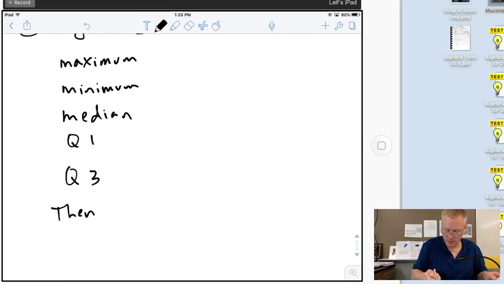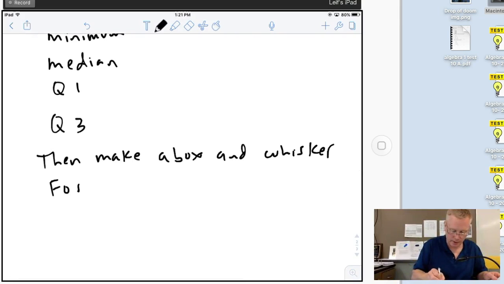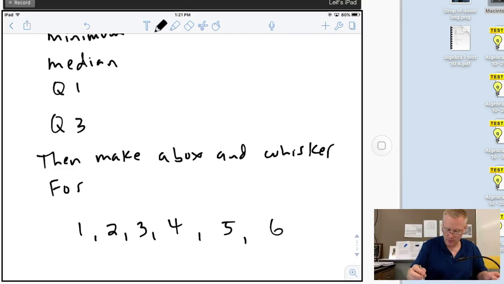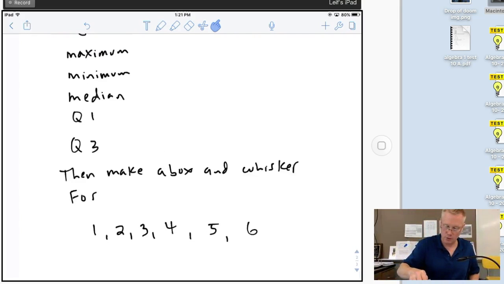Then make a box and whisker for the data. And I just gave you 6 pieces. 1, 2, 3, 4, 5, and 6. So you can take those 6 numbers, the first 6 numbers, and do a box and whisker for me. Find the median, find the first quartile, the third quartile, the maximum, the minimum, and quick draw it on a number line with a box and whisker, okay? And that will be your you try.